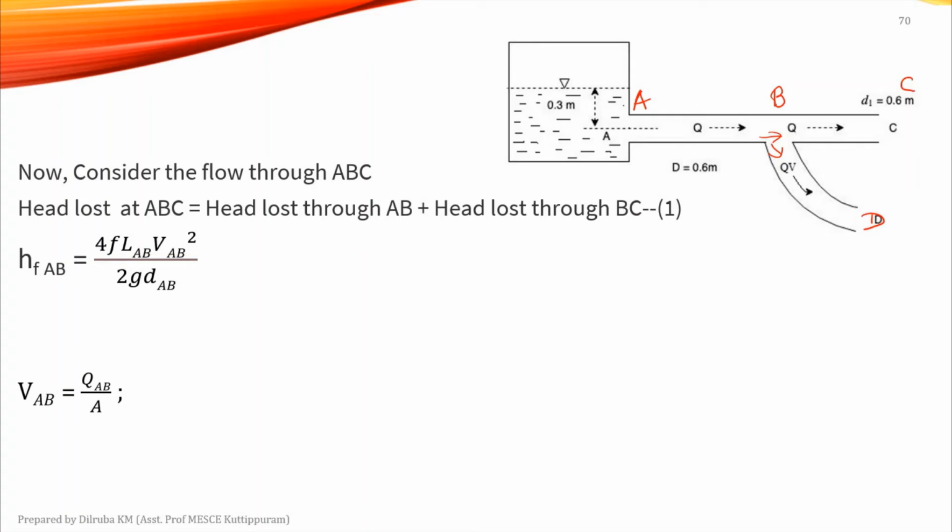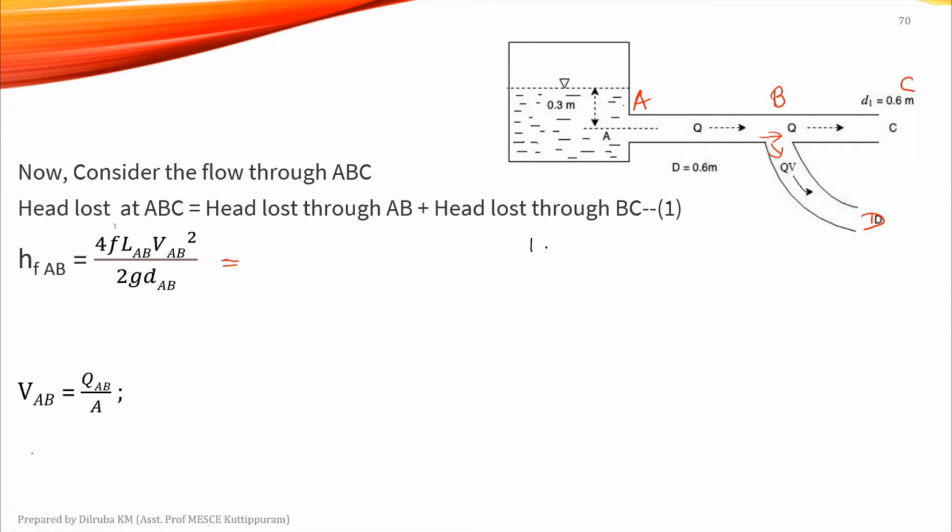So head loss through AB, from the equation that we have discussed just above, hf is equal to 4flv square by 2gd. 4f is constant.